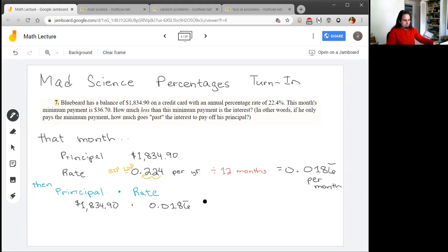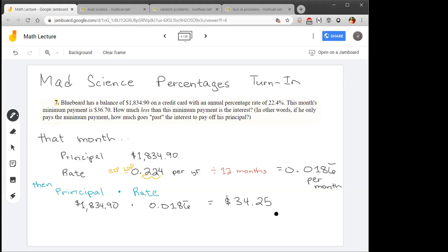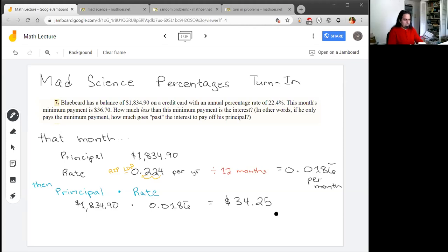So I'm getting $34.25. Everyone get the same on their calculators? No, I got $34.129. I got the 30. That's what happens if you leave off the repeatingness of the 6.